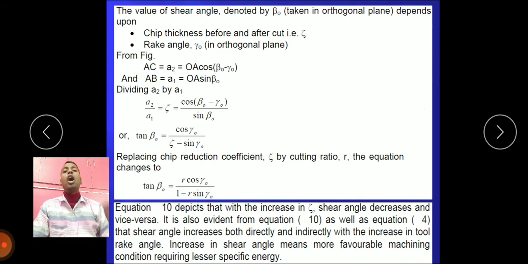Very important thing. All of you, please remember this thing. Tan beta O equals cos gamma O by (xi minus sin gamma O). Or if we replace chip reduction coefficient xi by r, it comes from tan beta O equals r cos gamma O by (1 minus r sin gamma O).